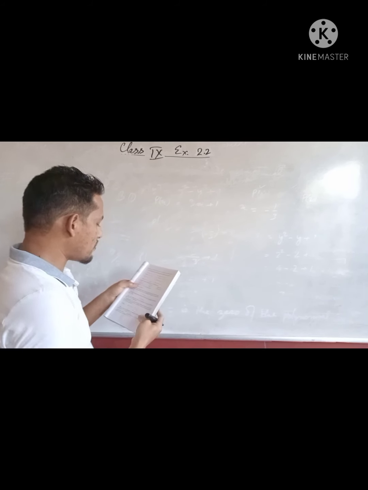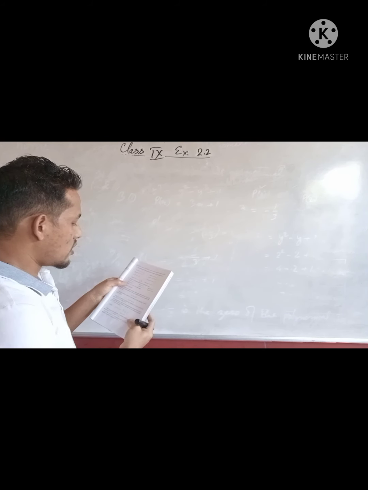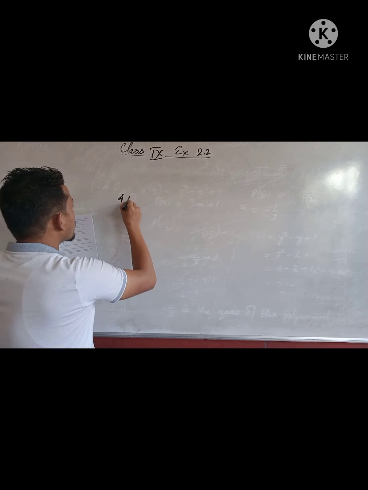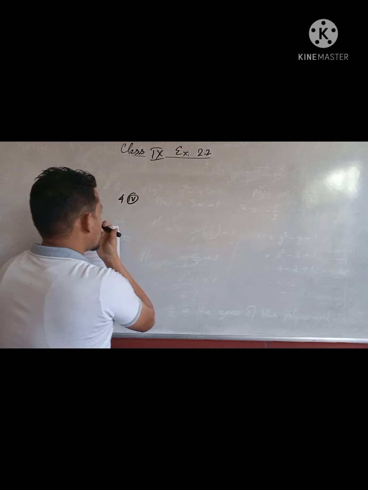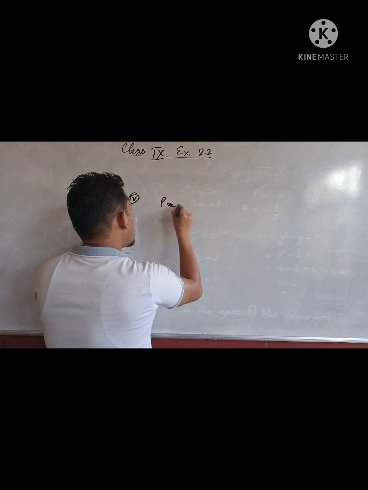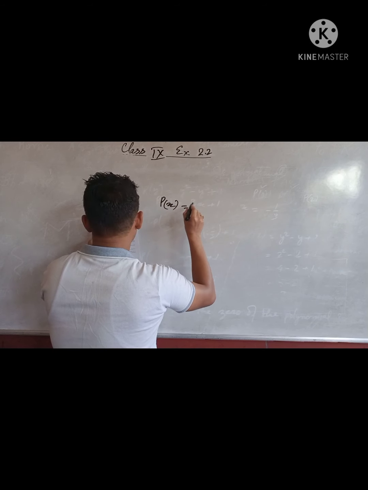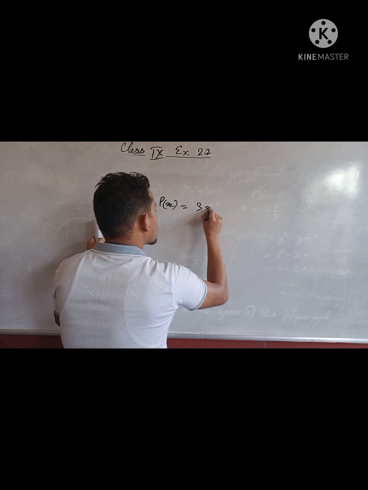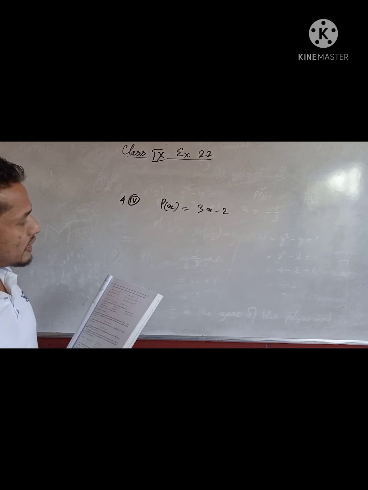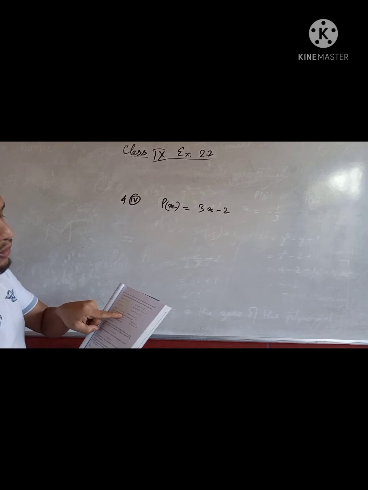So let me do Roman number 4. Question number 4, Roman number 4. So your question is p(x) equals 3x minus 2, and here what you are going to do is find the zero of the polynomial.